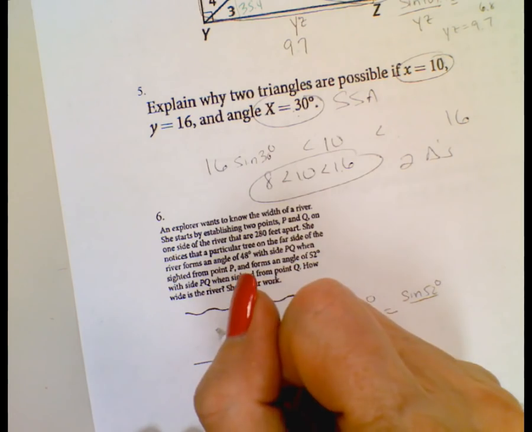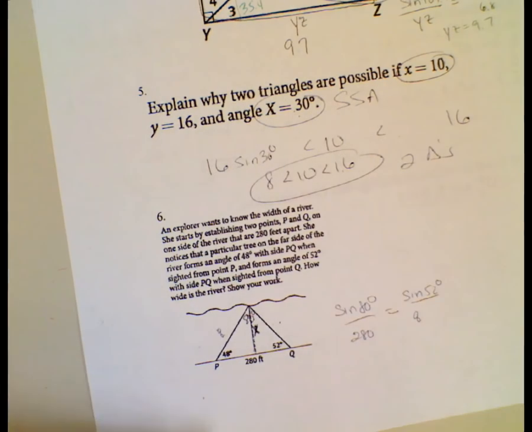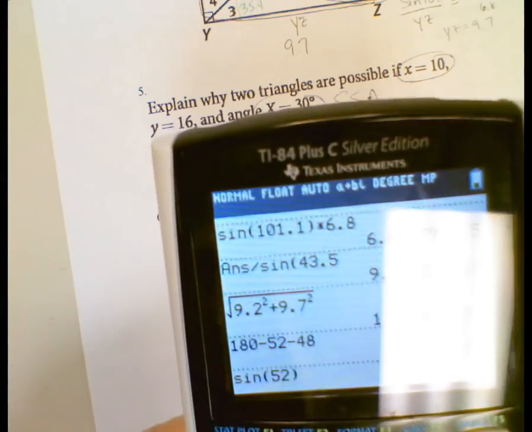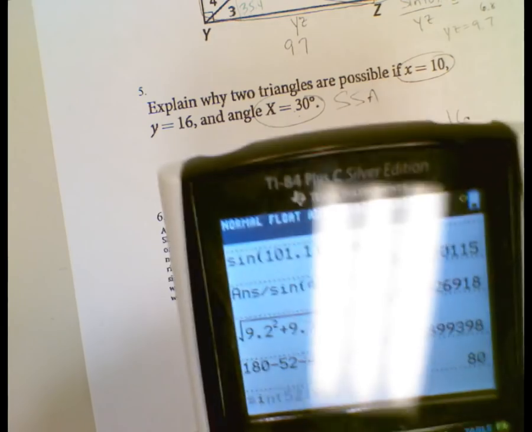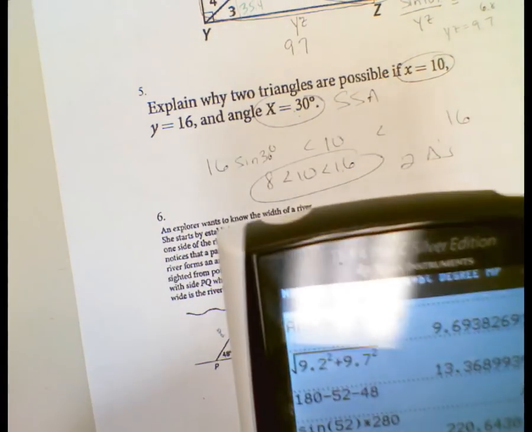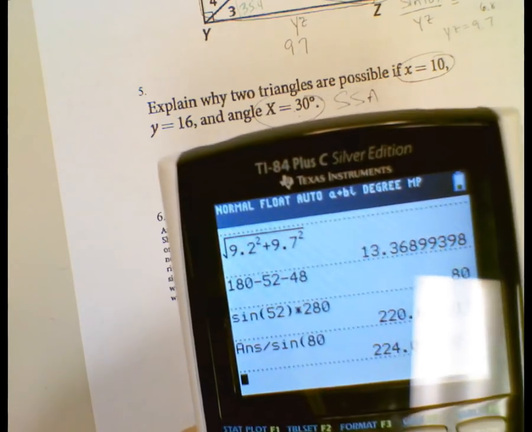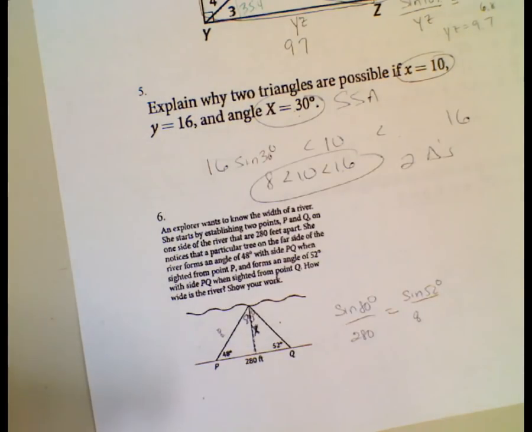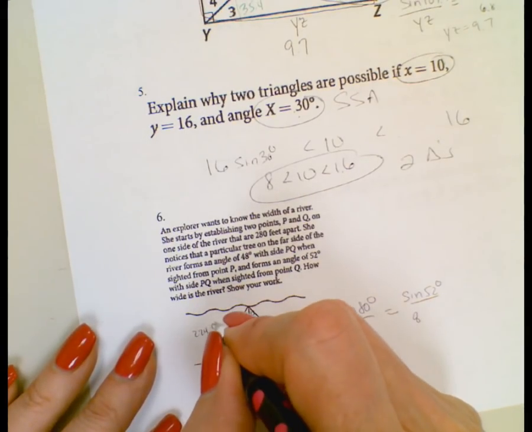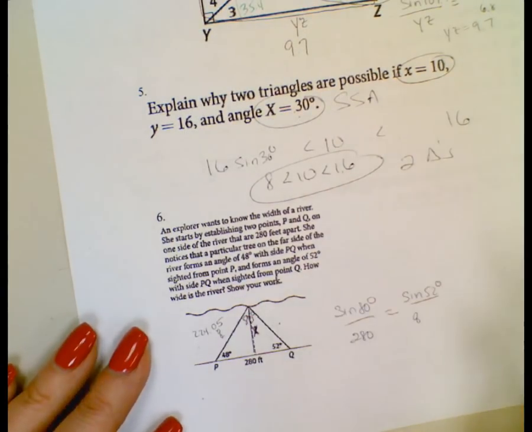We'll call this side Q. So it's sine 52 times 280 equals divided by sine 80 for 224.04. Okay, so that is Q.